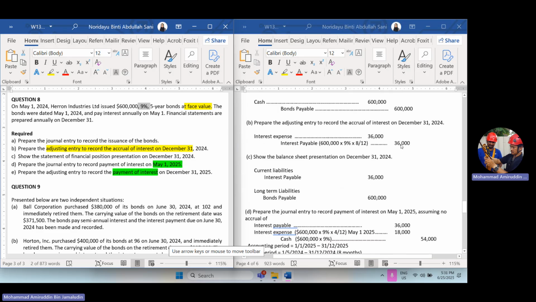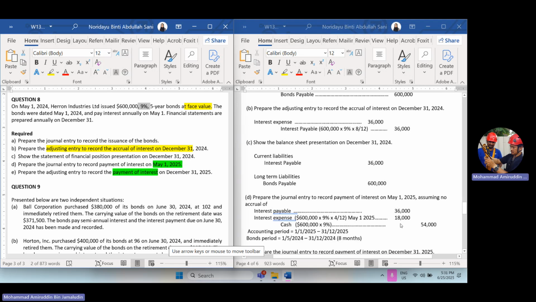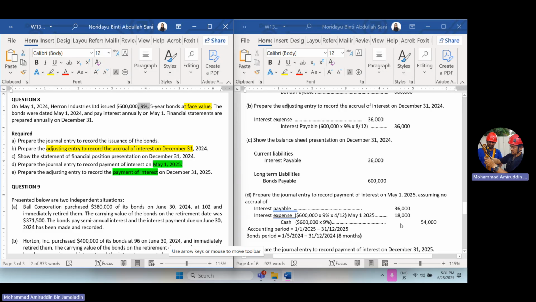This one, 36,000 up to 31st December. Now they ask you to compute up to 1st May 2025. So how many months? There's another 4 months, not 5 months, okay? Because 1st May.